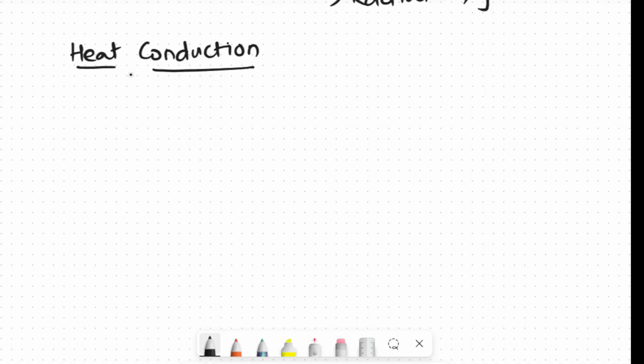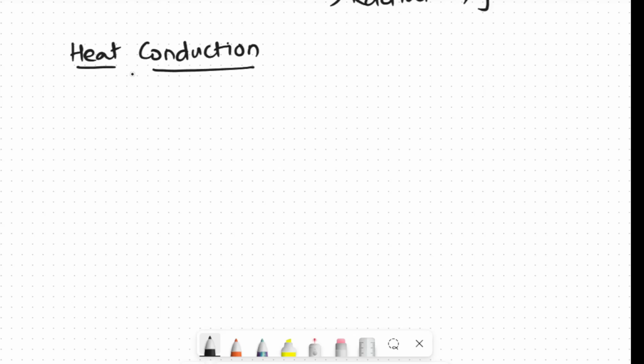So what is heat conduction? It is the transfer of heat energy from a more energetic particle of a substance to the adjacent less energetic ones as a result of interaction between the particles.